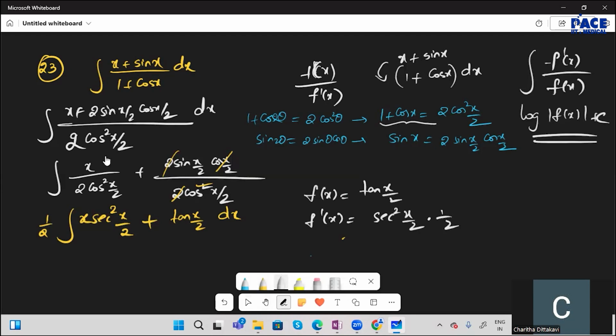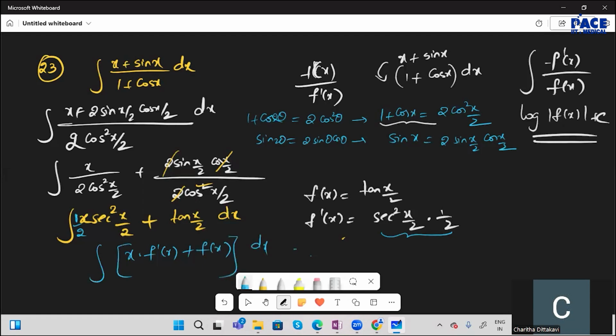Oh yeah, I think I've written wrong here. 1 by 2 has to be inside. I cannot take it outside there. So this is nothing but 1 by 2 secant square x by 2. So integral of x into this, which is f dash of x, plus your tan x by 2, which is your f of x, dx.